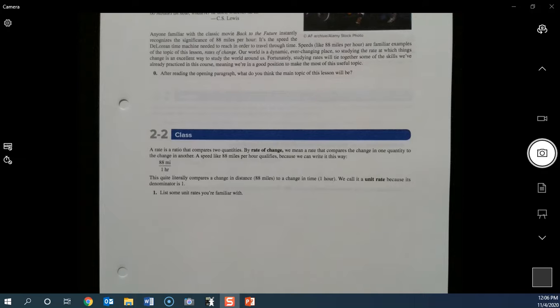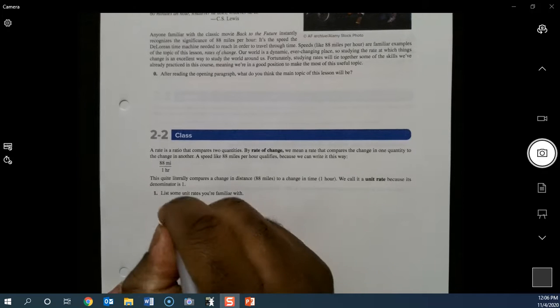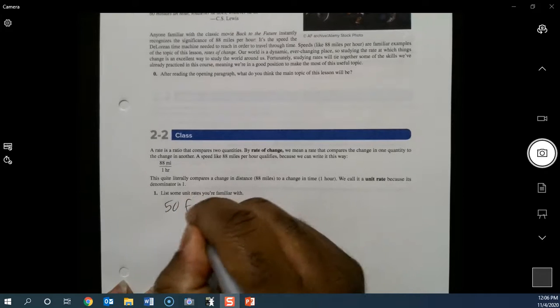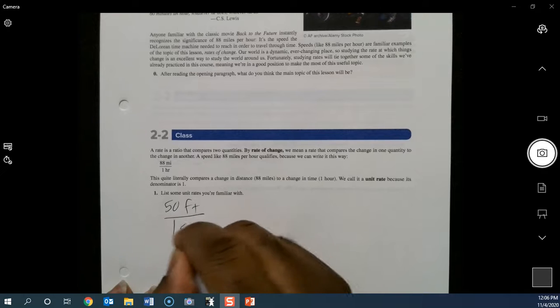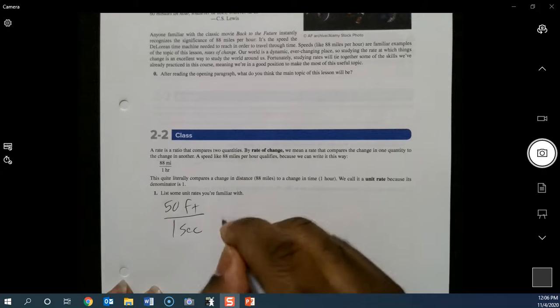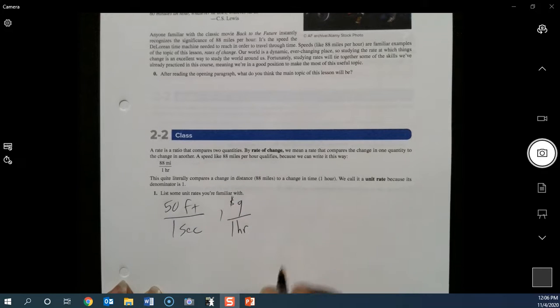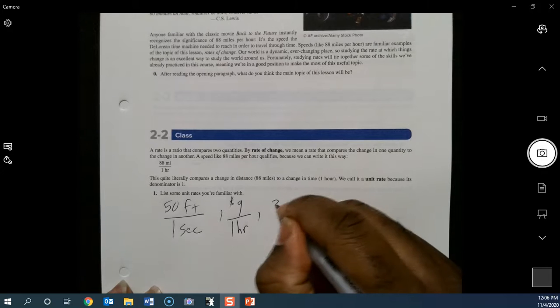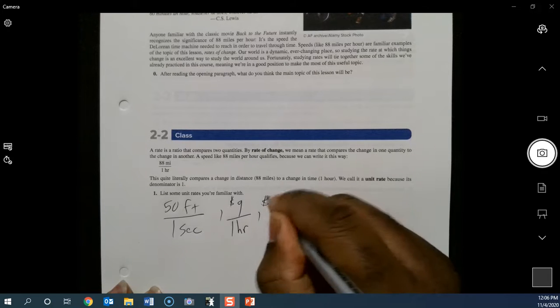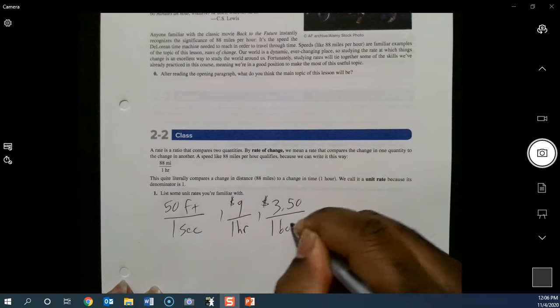Now it says list some unit rates you're familiar with. So you could say 50 feet per 1 second, $9 an hour, or you could say $3.50 for 1 box.